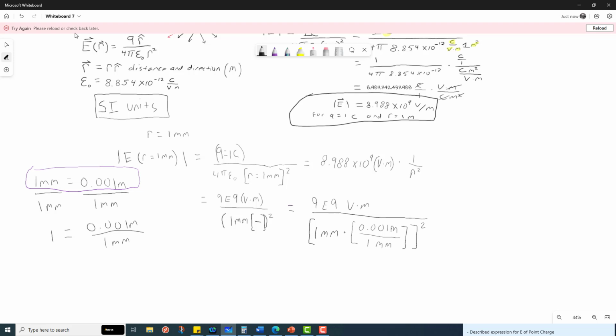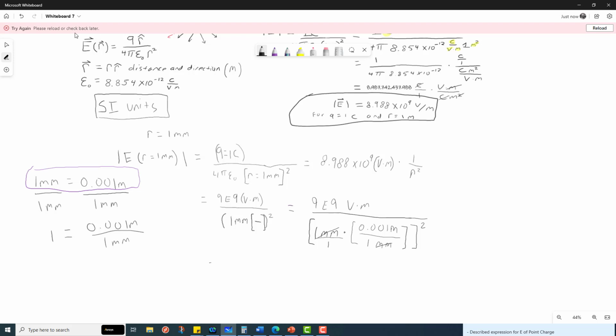So what can I do now? I know that this is equivalent to something being in a numerator, even though I don't show it. I could just as easily put a line that has that divided by 1. So I've got 1 millimeter divided by 1 times 0.001 meter divided by 1 millimeter. These units are going to cancel, millimeter and millimeter, and what I'm left with is one meter. Let's keep writing this out.